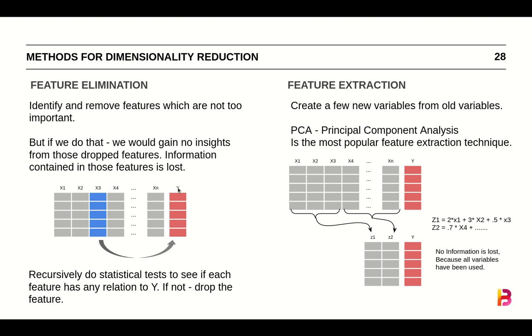This can be done using multiple statistical techniques, and usually statisticians observe a particular value called a p-value, and that's how they would know how much a feature influences the outcome. When they do it recursively over all the columns, they would find some columns do not have as much predictive power as the others, and they drop off the ones which do not. Now this is a way, and it works.